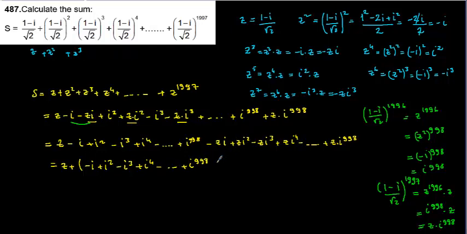If I take z in parentheses, it's going to be equal to z times (minus i plus i squared minus i cubed plus i to the power of 4 minus, and so on, ending with i to the power of 998).